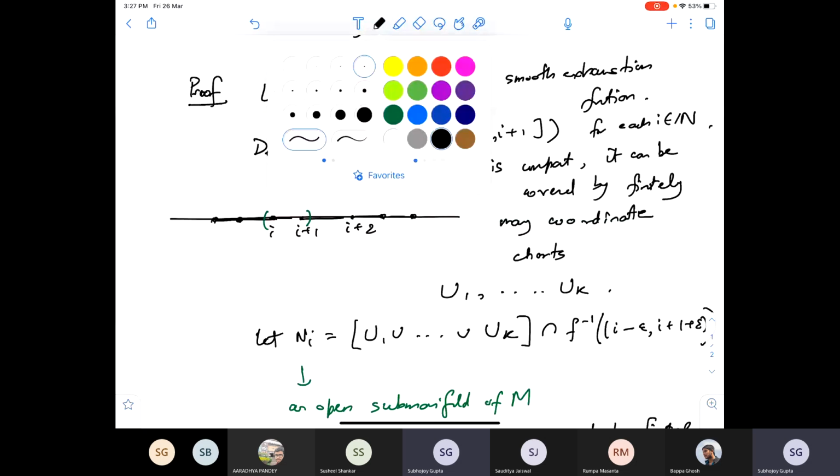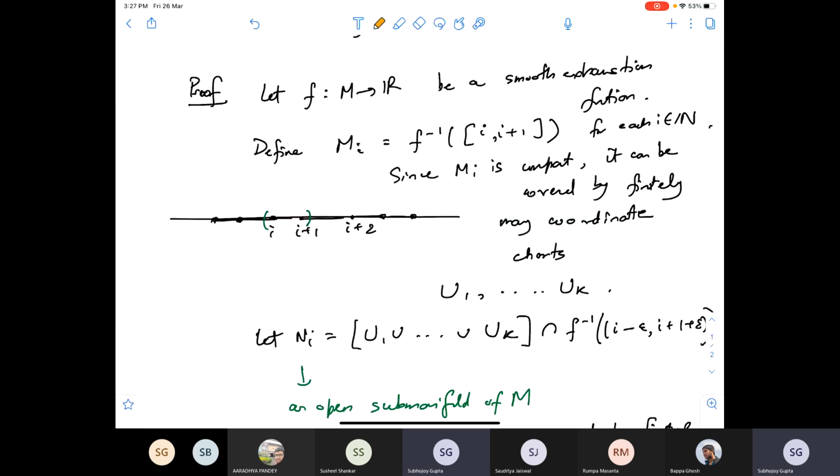The pre-image of this green interval, slightly larger than I plus, corresponds to ni, and the pre-image of this is ni plus 1.